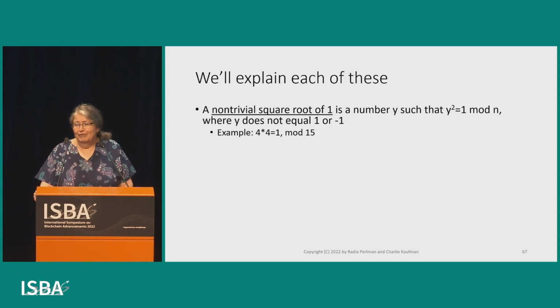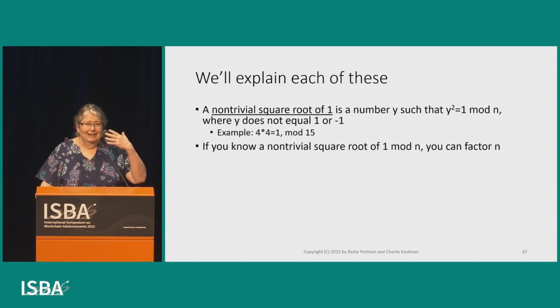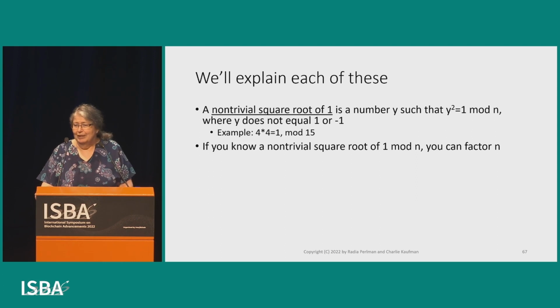An example of that is mod 15: 4 squared is 1 mod 15. Now, if you happen to know a non-trivial square root of 1 mod n, you can factor n, and I'll explain why that's the case.